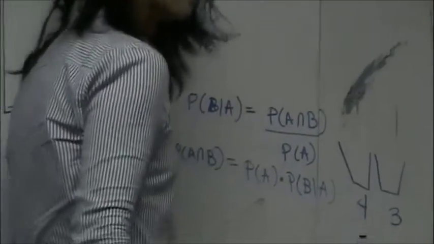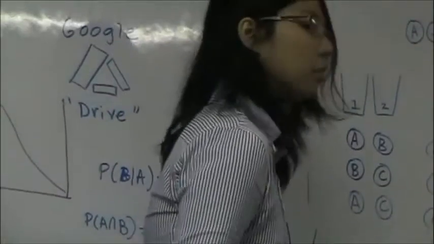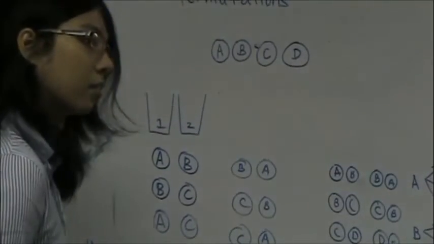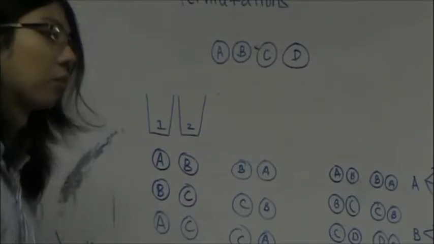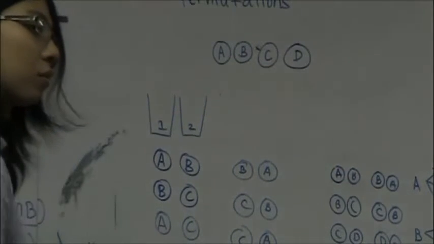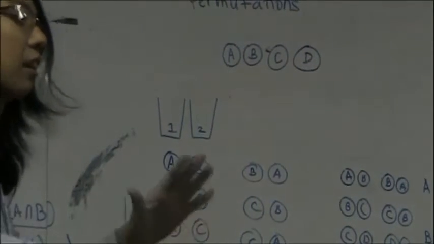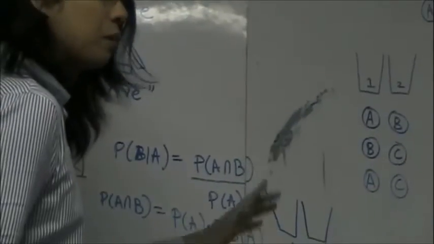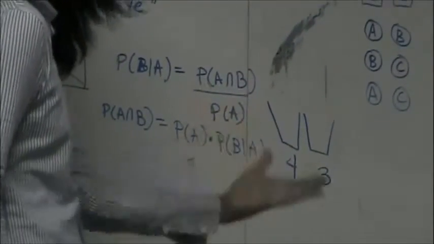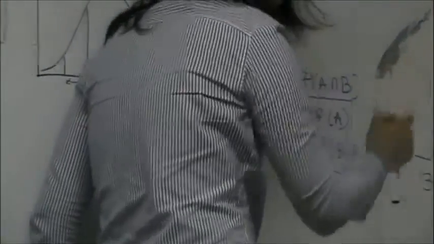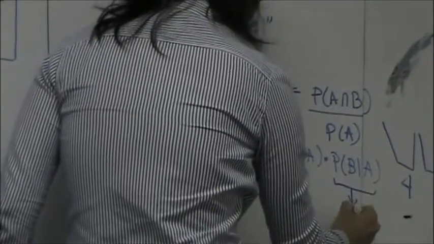Alright. And is putting the coin in these 2 glasses dependent? No, they don't depend on each other. If one coin falls down, it wouldn't control the other one falling down, so they're not dependent. So what happens is that B given A becomes PB, since these events are independent.